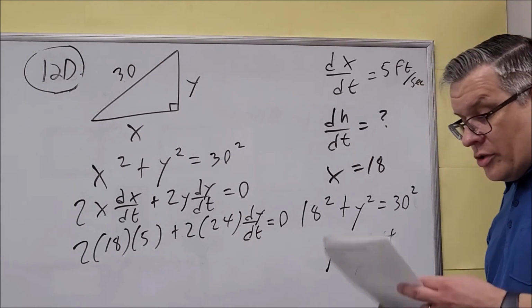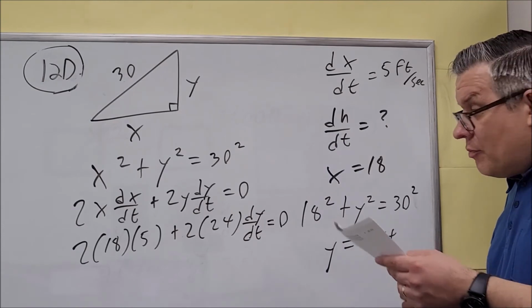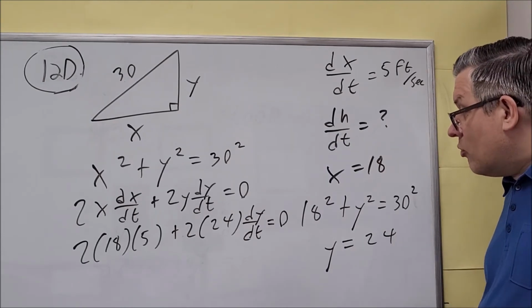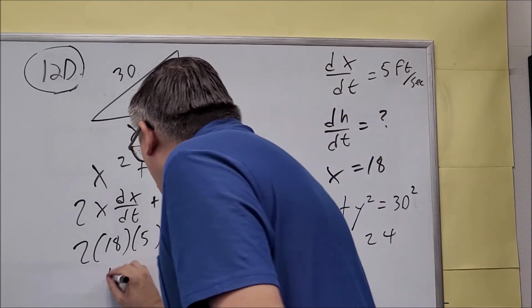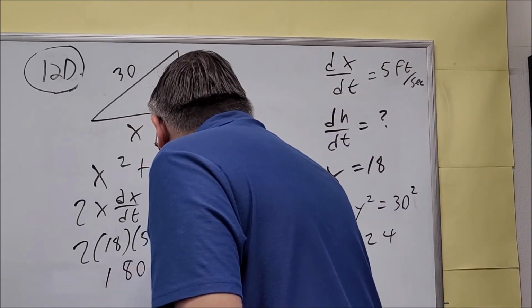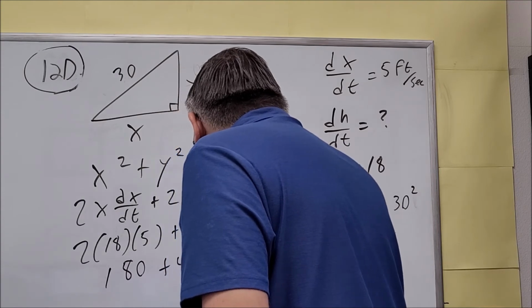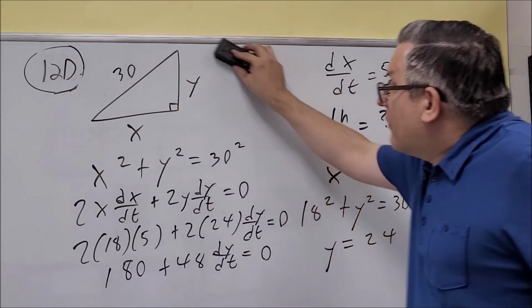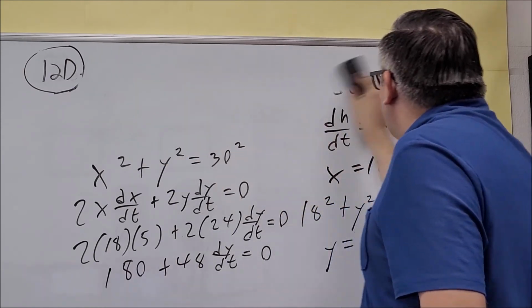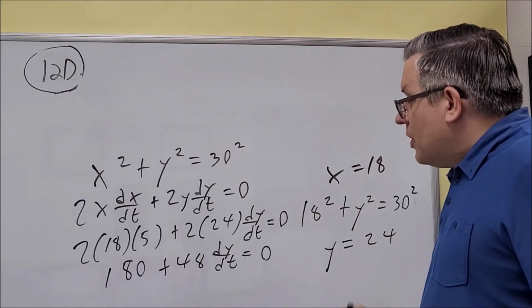So now we're going to multiply all this out. This part there is going to be 180, so 180 plus 48 dy/dt is equal to 0. Now we have to solve for the rest of it.